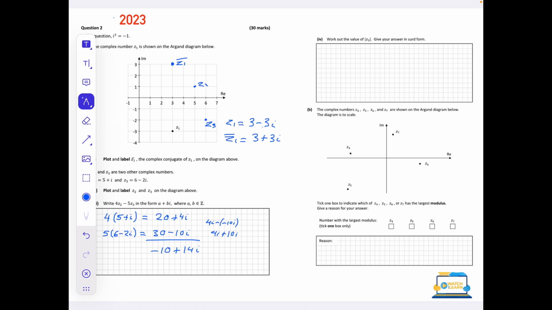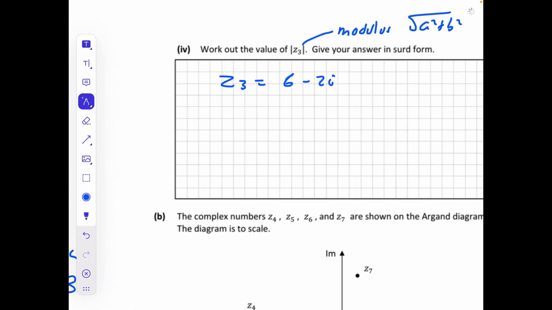Next thing, work out the value of those weird lines around Z3. Straight away, I see those lines and I'm thinking modulus. I have my formula, square root of a squared plus b squared. We're looking for the modulus of Z3, so I'm just going to write down Z3 is equal to 6 minus 2i.